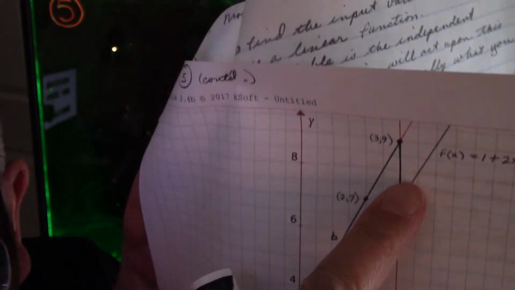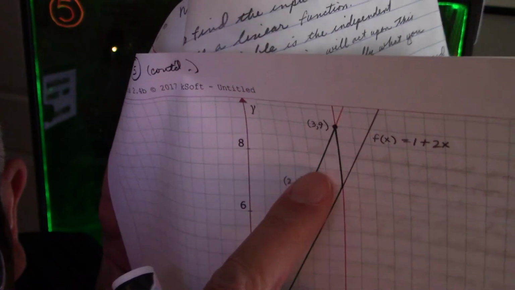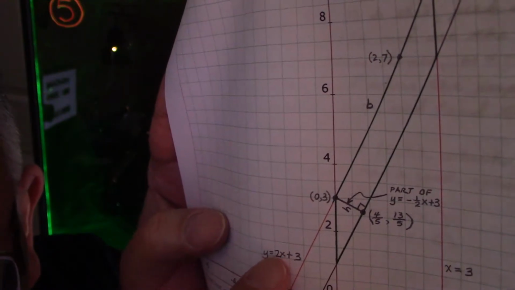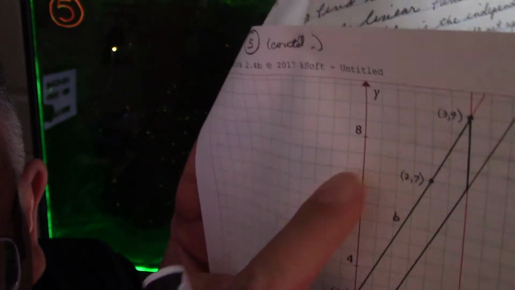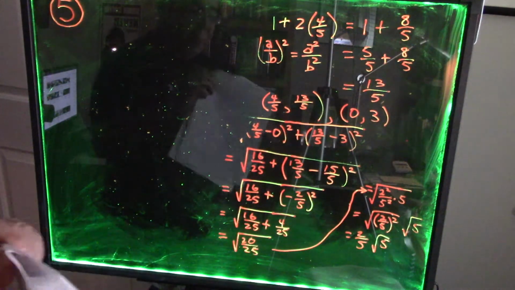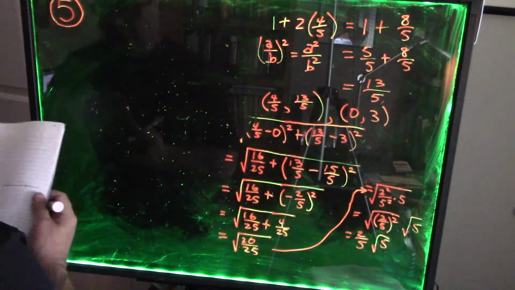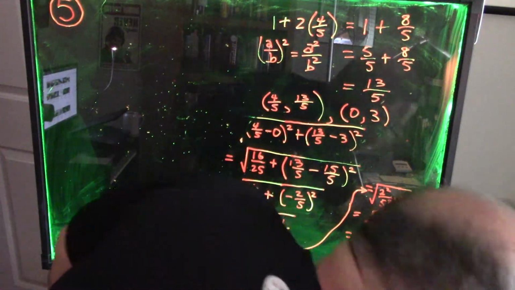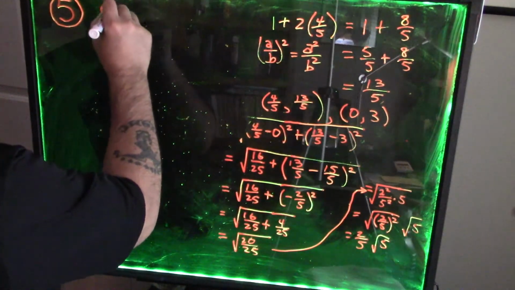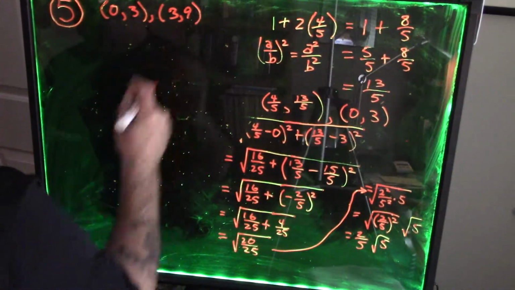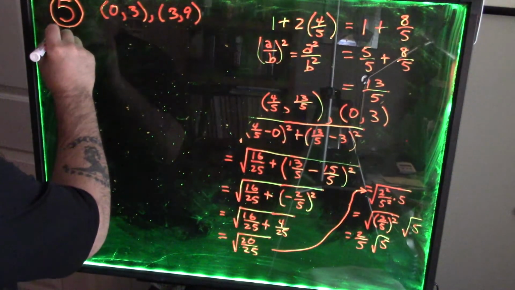So substitute x equals 3 into the equation of this line, y equals 2x plus 3. 2 times 3 is 6 plus 3 is 9. So that's the y value, 9. Okay, so that's the point 3, 9. And so we need to find the distance between 0, 3 and 3, 9.